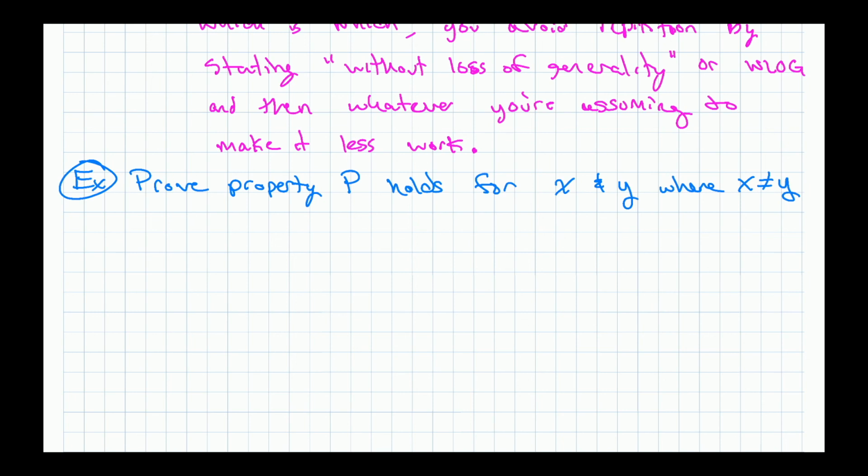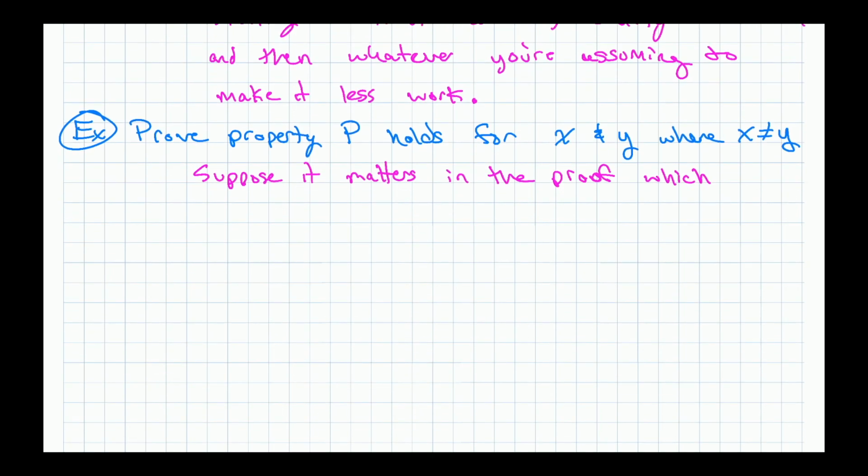Suppose further, as extra information, that it matters for the proof which one is larger, X or Y. Why does it matter?